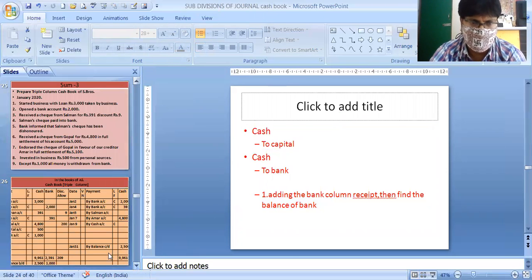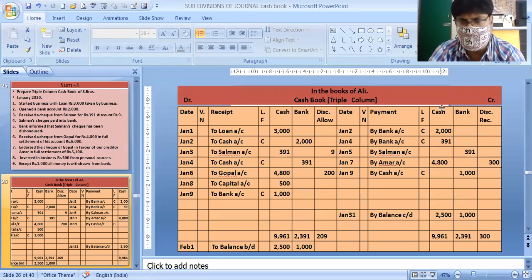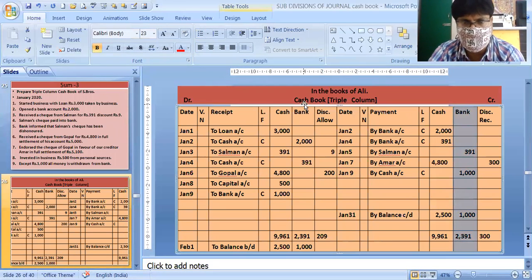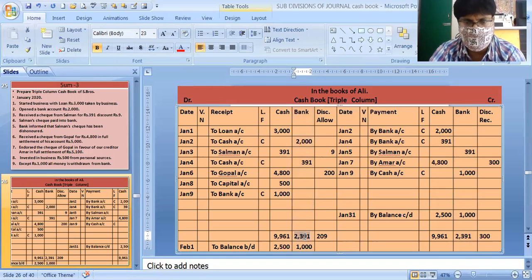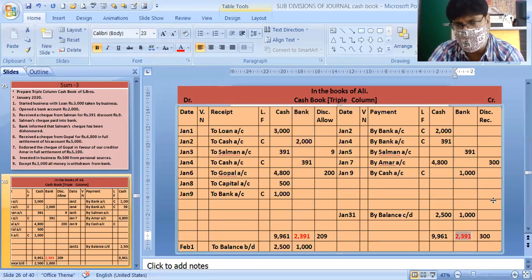Let's see how we have done. We have added the entire amount over here in the bank column first. This one and this one. This receipt side, the total figure is 2391. That total figure we have added. That same figure we have written on the left hand side, the payment side, and then we found the balance.